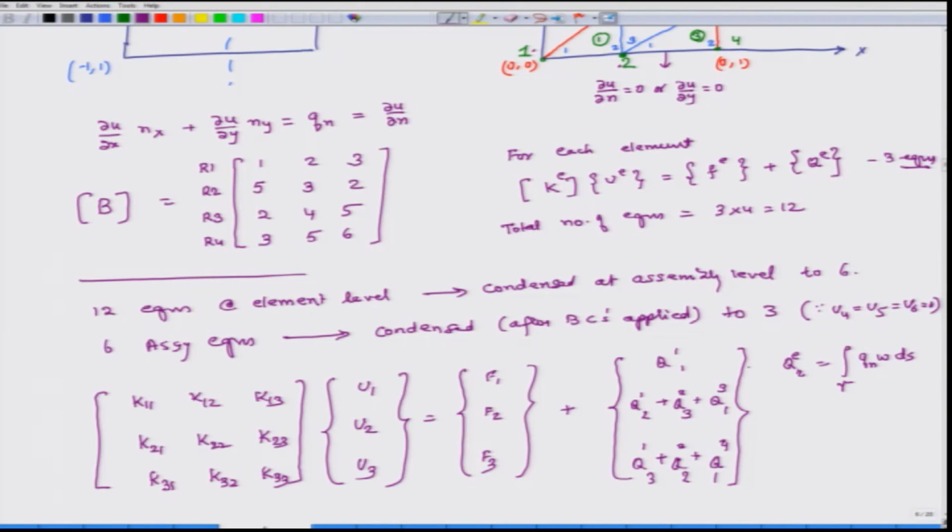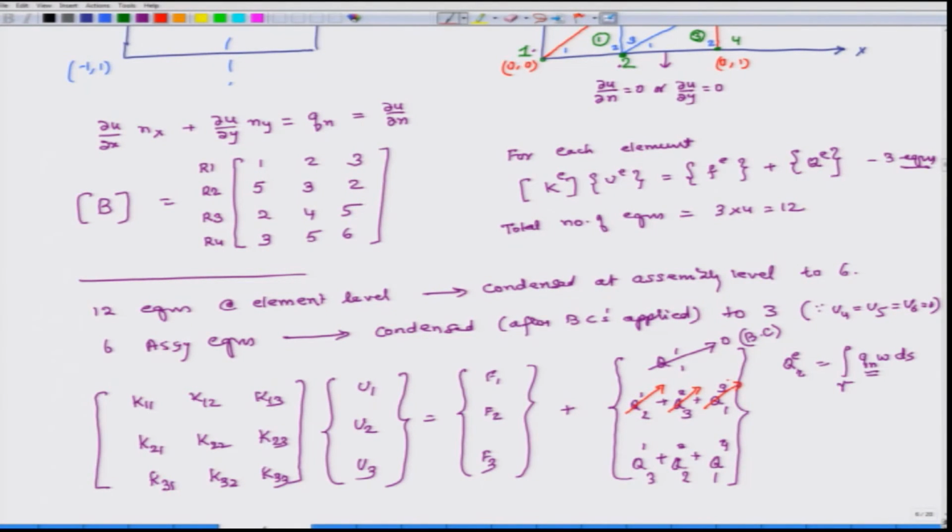So, Q11 is the value of Qn at node 1. What is the value of Qn at node 1? It is 0 because del u over del n is 0, so this is 0 because of the BC. What about Q21?